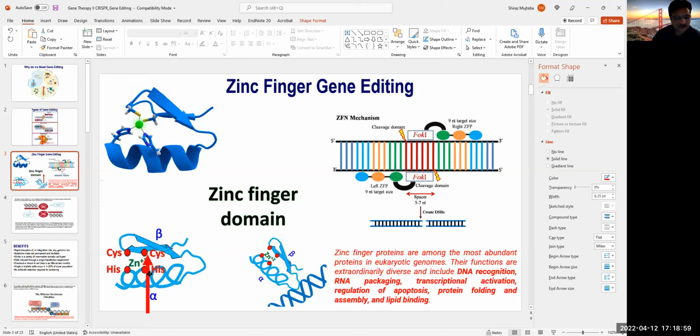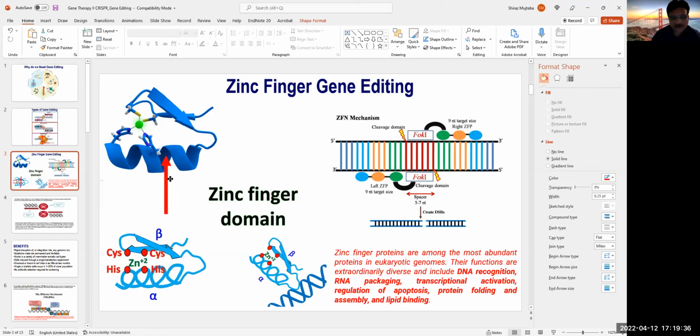And here, you can see the 2 cysteines and this metal zinc ion. It's a divalent or bivalent ion. It is bound to 2 cysteines and 2 histidines. Okay. So this alpha helix has very specific potential that it can bind to the major groove of the DNA.